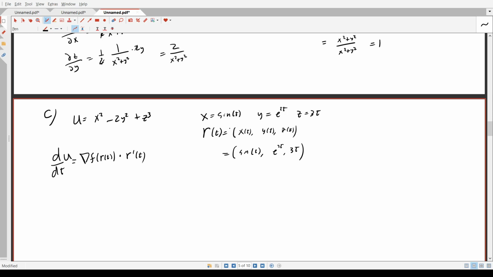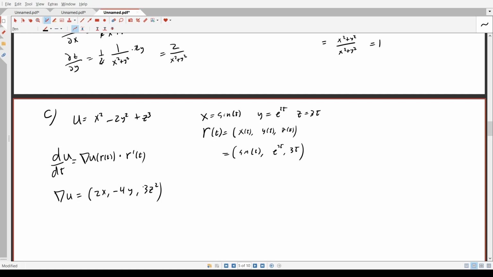Okay, so let's compute the gradient. So not gradient of f, this is the gradient of u. So grad u, that's going to be 2x, let me do this as a row vector, 2x, minus 4y, 3z squared.